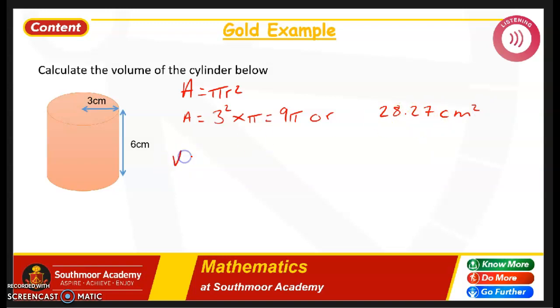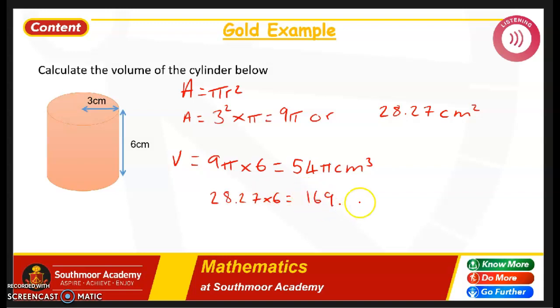To find the volume then, we are going to times this area by the length. The length is 6. Depending on whether you're leaving it in terms of pi or to 2 decimal places, we'll do both. So 9 pi times 6 is equal to 54 pi centimetres cubed, or we're doing 28.27 times 6, which is equal to 169.6 centimetres cubed.